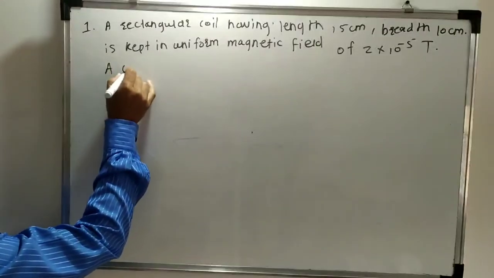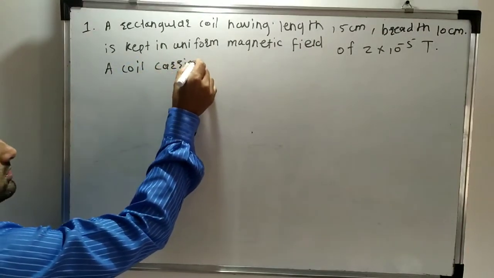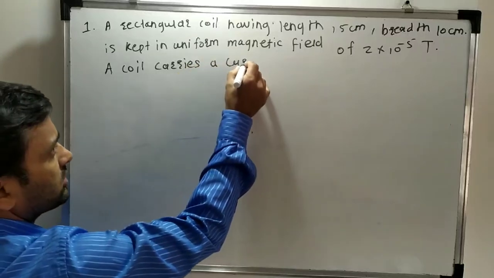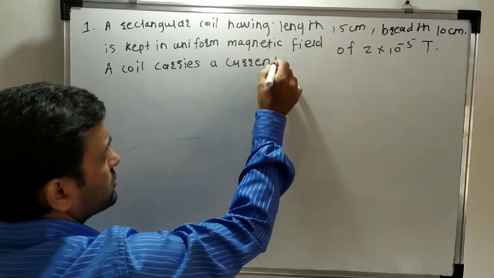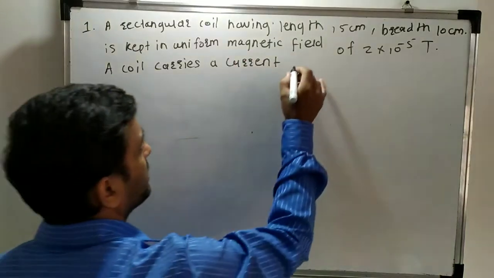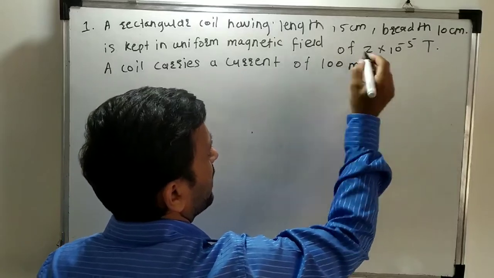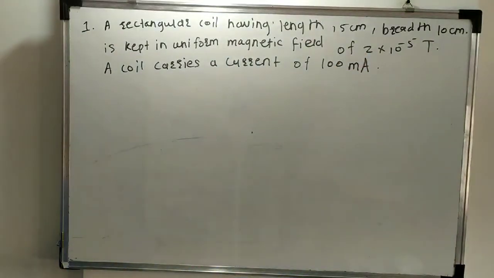The coil carries a current of. So the value of current is given. It is 100 milliampere. Then calculate the torque acting on a conductor of length 15 centimeter.